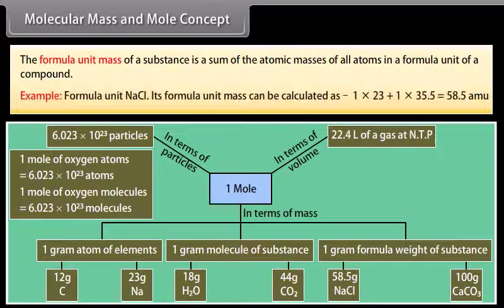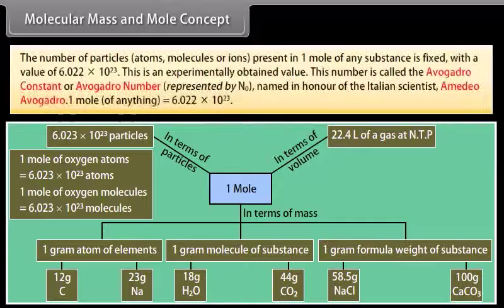Example, formula unit NaCl: its formula unit mass can be calculated as 1 times 23 plus 1 times 35.5, which equals 58.5 units. The number of particles, atoms, molecules, or ions present in 1 mole of any substance is fixed, with a value of 6.022 times 10 raised to the power 23.